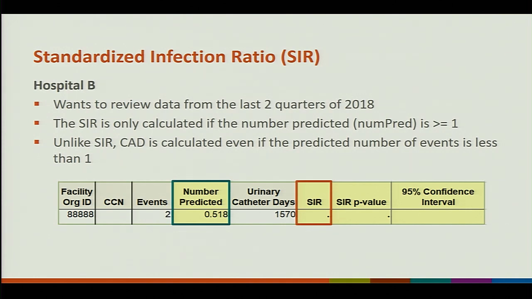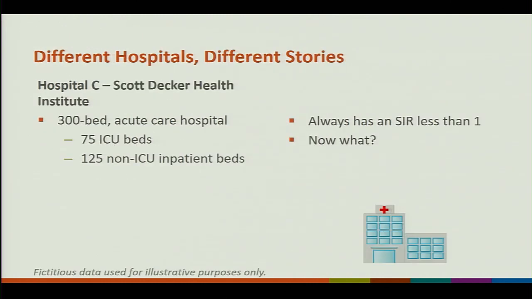So we go back to that SIR report, and we see the number predicted is 0.518. We don't get an SIR, but this facility would still be able to create a TAP report. So they would still have that report in hand for data for action. They could use a custom SIR goal at that point, or the HHS goals.